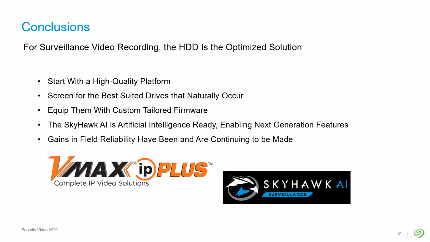Then you have to screen, insert to find the best drives that are naturally suited for this usage, so that you're not limiting them much when you give them the firmware that has reduced types of retries. So we're going to equip them with that custom tailored firmware. When you do those three things in the proper order, you have a security video drive.